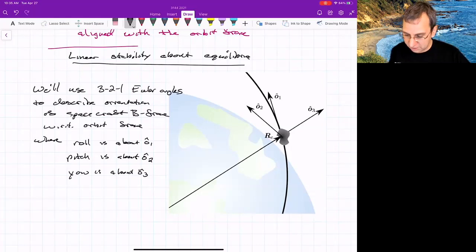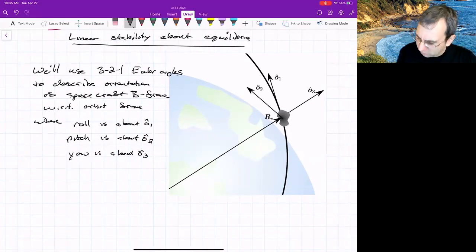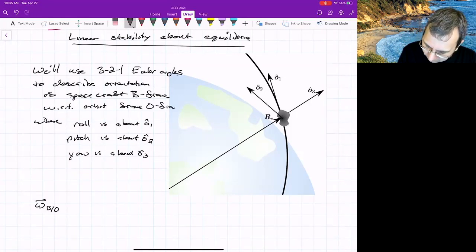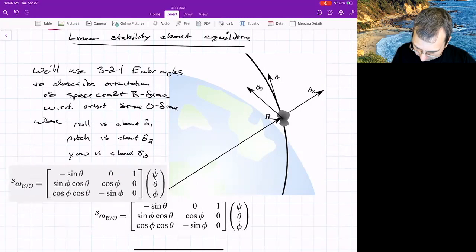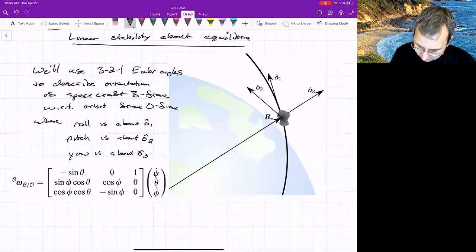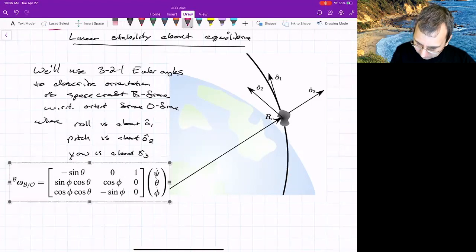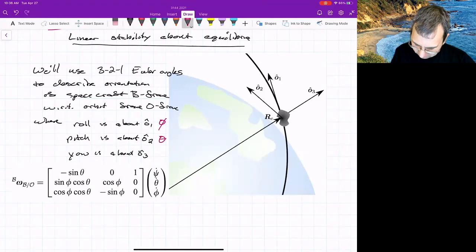So from rigid body dynamics, we've already written what omega B with respect to O is. We're writing in the usual 3, 2, 1 yaw, pitch, and roll Euler angles. So we've got this. I'm going to move it over here. There we go. So we're writing yaw, pitch, and roll. Roll, it's the same sort of thing. We're using psi, theta, and phi.